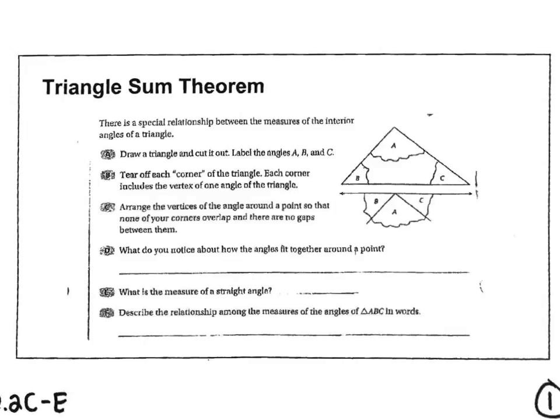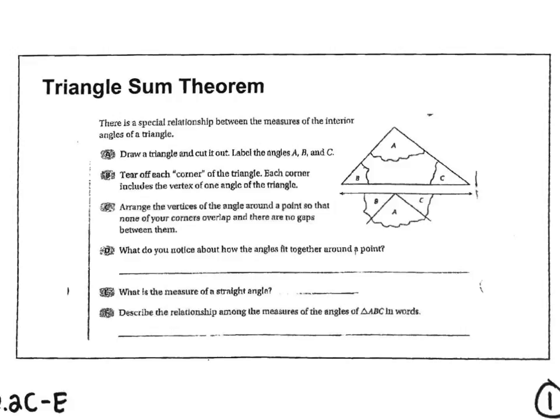All right, guys, so continuing on with the theme of this unit, which is the relationship between angles, we have done angles with right angles, with straight lines, we've done vertical angles, we just finished up parallel lines, and so now we're going to start talking about angles within triangles and their different relationships.